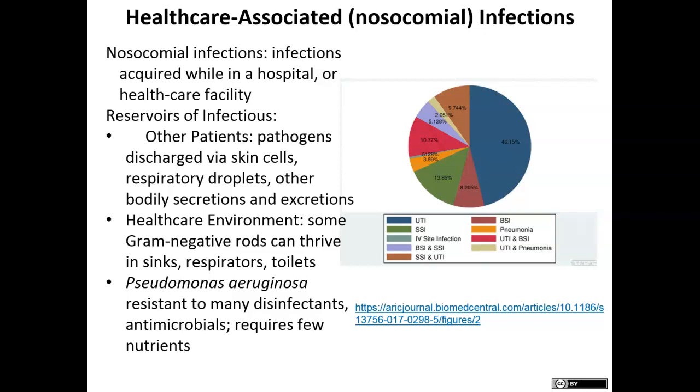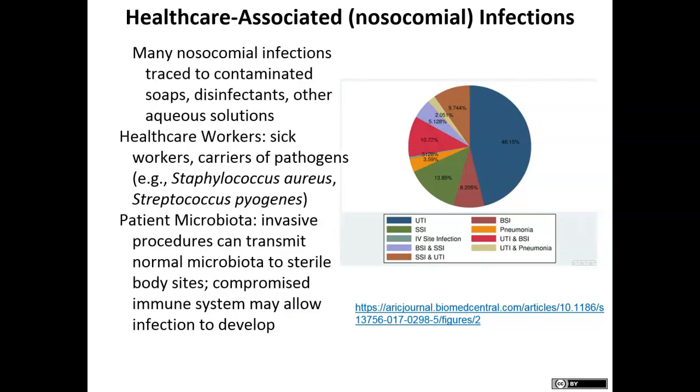You can also have infections transmitted through certain medical equipment, especially if the medical equipment is not sterilized. And then you have your own microbiota that can potentially cause damage due to your system already being immunocompromised.